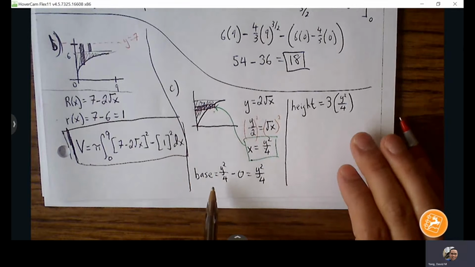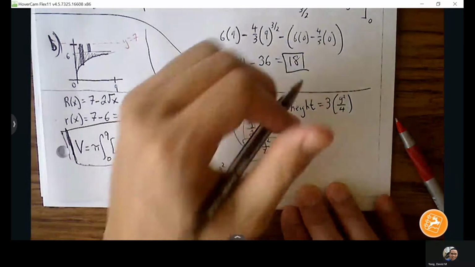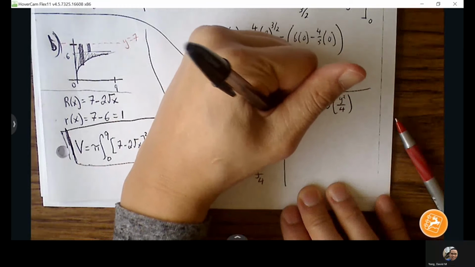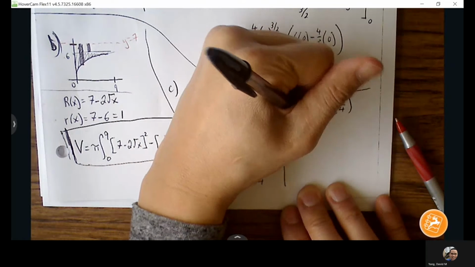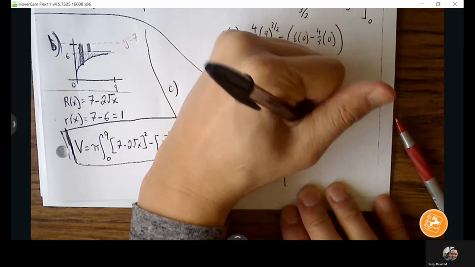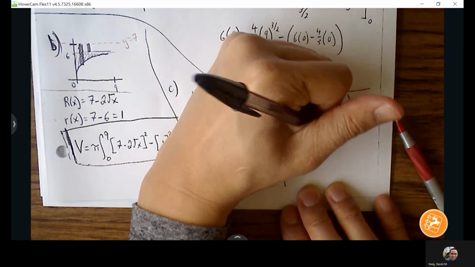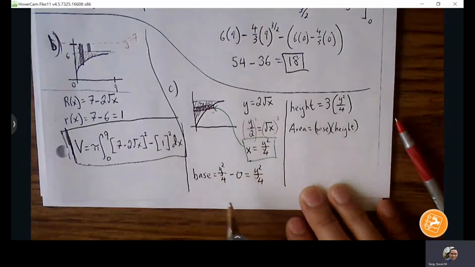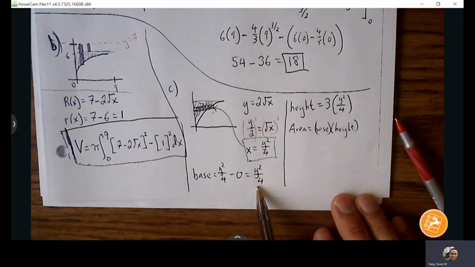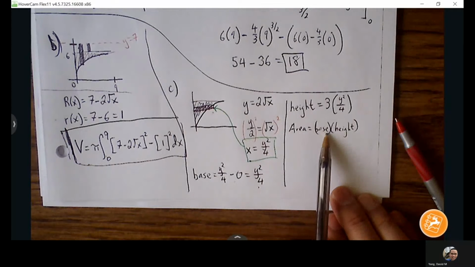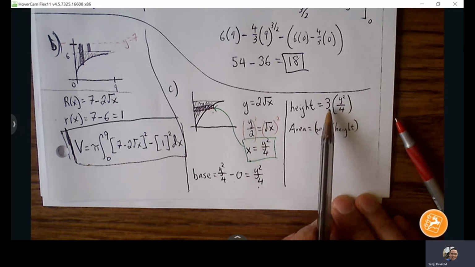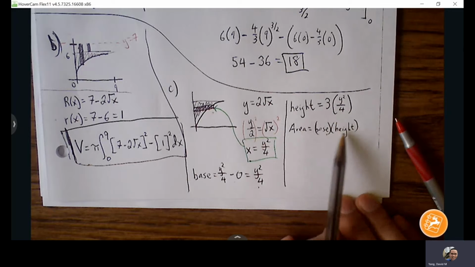Our area of a rectangle is base times height. So insert y squared over 4 in for base, insert the 3y squared over 4 in for height, multiply those together.